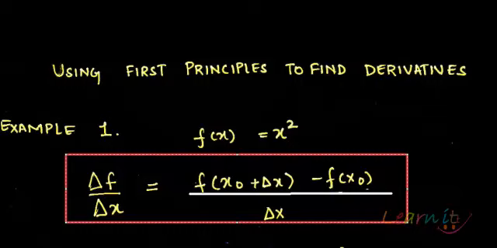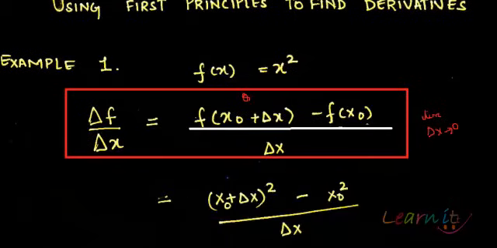So basically what we are looking at is the function at a new point, x naught plus change in x, and the previous point x naught, upon the change in x. So that's my difference quotient, and the derivative, as we have learned previously, is essentially the difference quotient as the limit of change in x goes to 0. The change in x becomes very minute, almost 0.